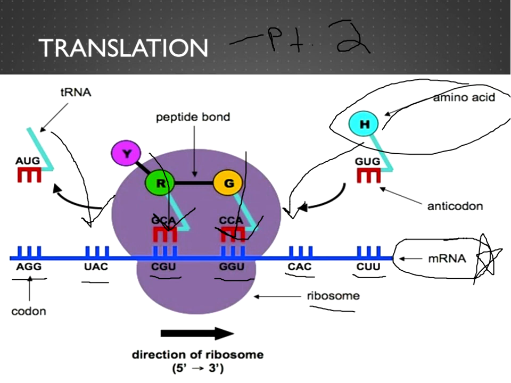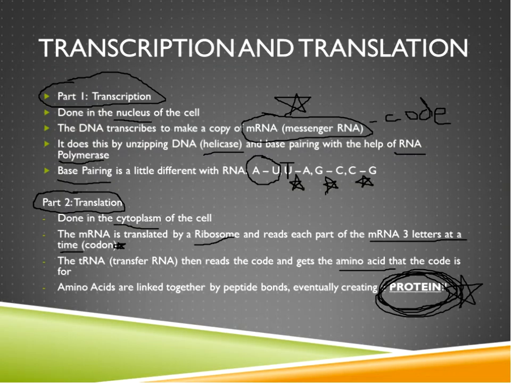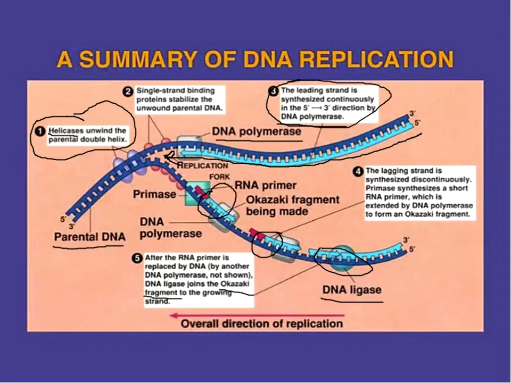Does anybody remember what those pieces are called? No, close. It's in here. Remember the pieces of the lagging strand. There you go. Remember Okazaki fragments. If they're fragments, they're pieces, right? So the pieces are called Okazaki fragments.